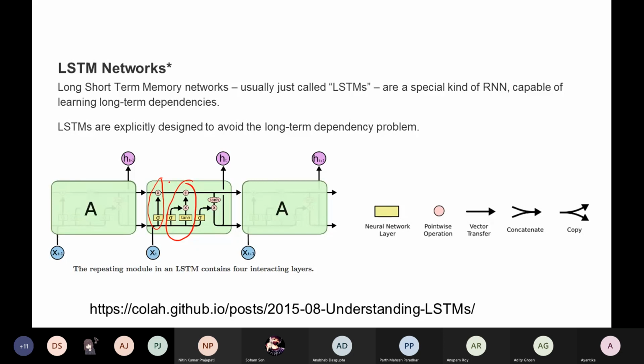That's why you do some sigmoid operation and then some tanh operation. And this part is how much of your present input you will pass to your output. So these are the three basic operations forming this present layer of your LSTM.